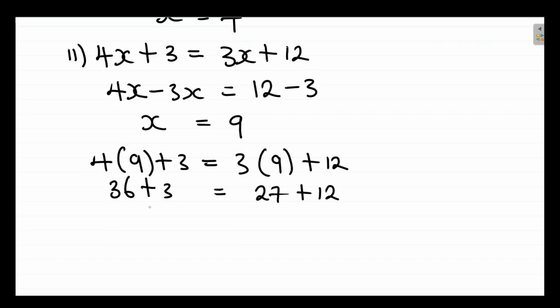So 36 plus 3 is equal to 39, and 27 plus 12 is equal to 39. So therefore, our left hand side is equal to the right hand side. Thus, x is equal to 9.